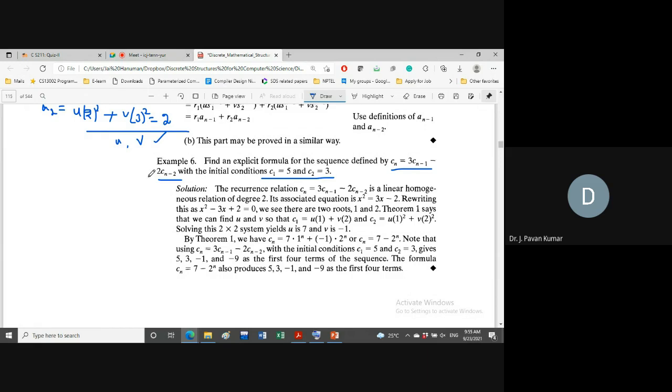Now what is the characteristic equation associated with this particular recurrence relation? How we can write? X square is equal to 3x minus 2, isn't it? This is the characteristic equation. Why? Because it is of degree 2.